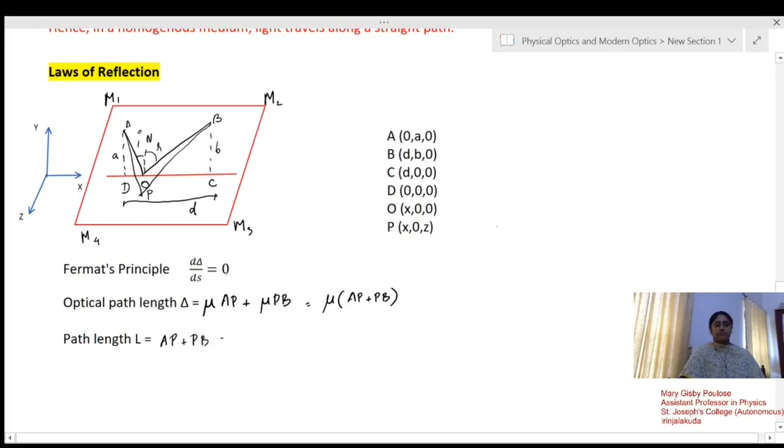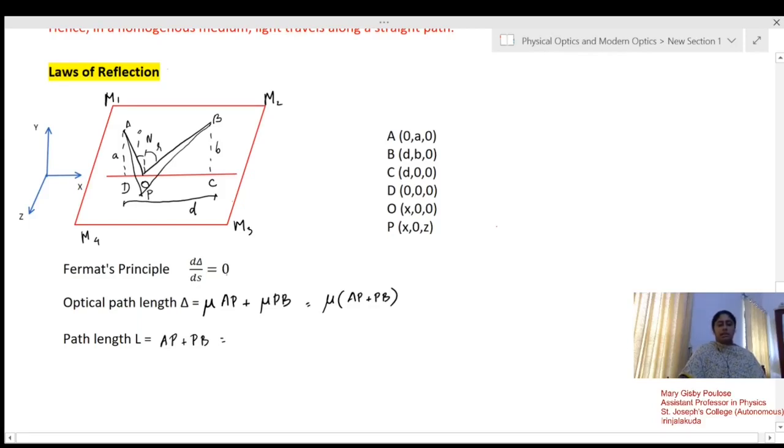It can be written as, if you have 2 points with coordinates A with coordinates x1, y1, z1 and P with coordinates x2, y2 and z2. The length between these 2 points can be written as square root of x2 minus x1 the whole square plus y2 minus y1 the whole square plus z2 minus z1 the whole square.